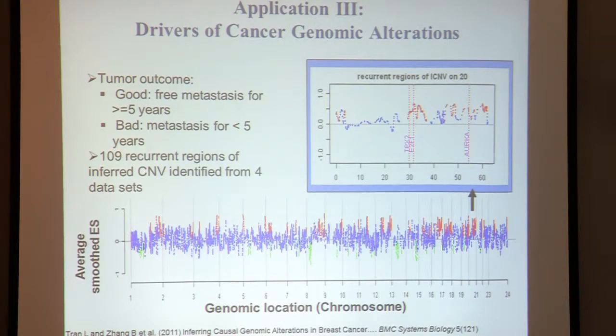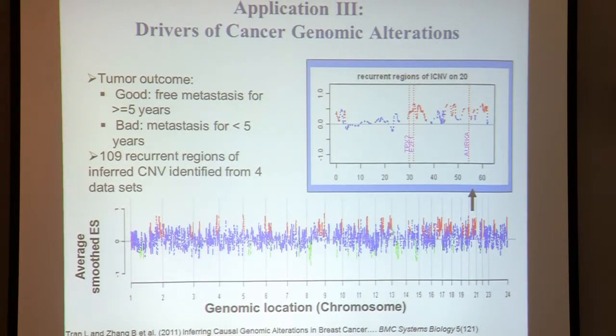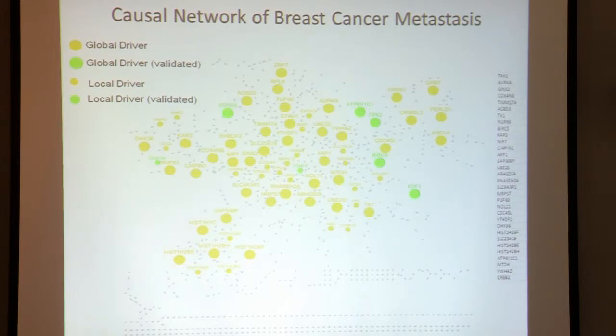For the cancer network, because these regions include a small number of genes, we use this dynamic neighborhood search, and then we can get a sparser Bayesian network. Again, many of the genes have been validated through siRNA knockdown experiments, but an even larger portion of the drivers have not been validated yet.